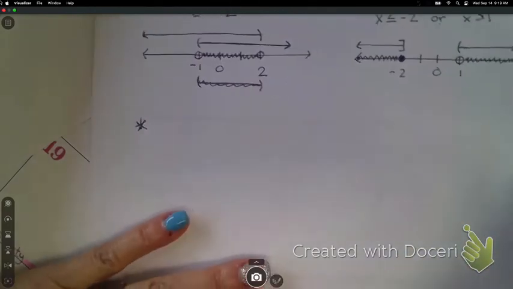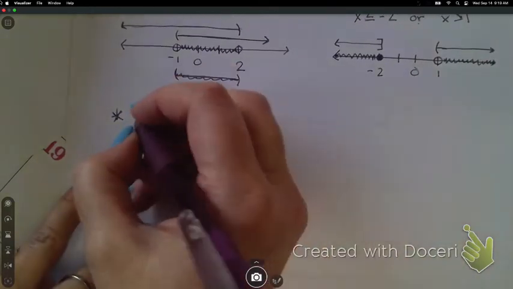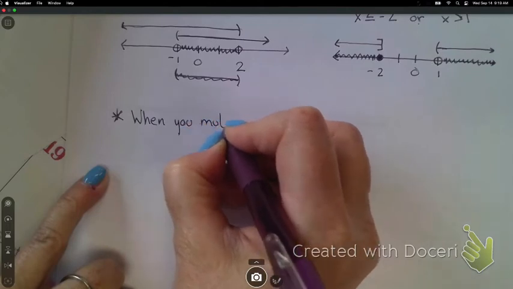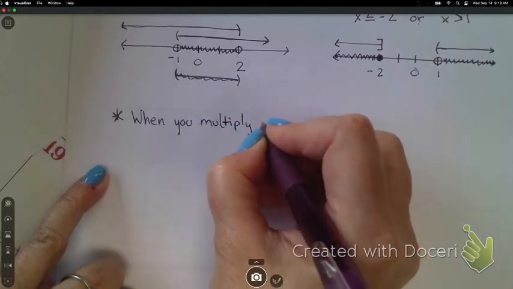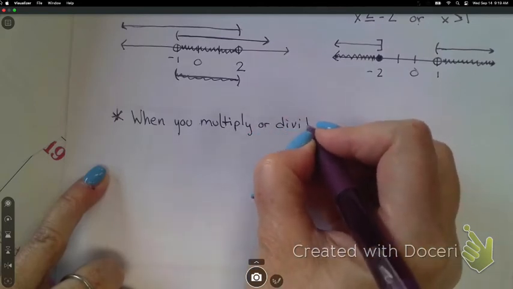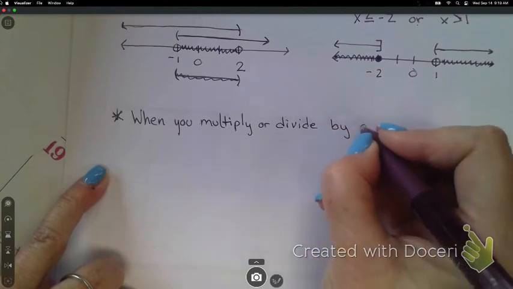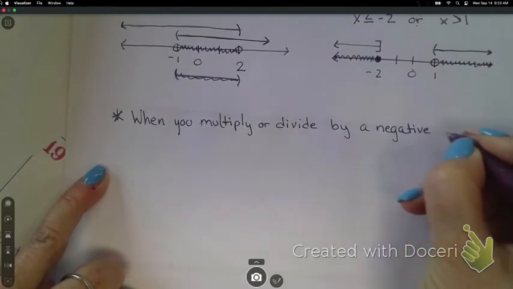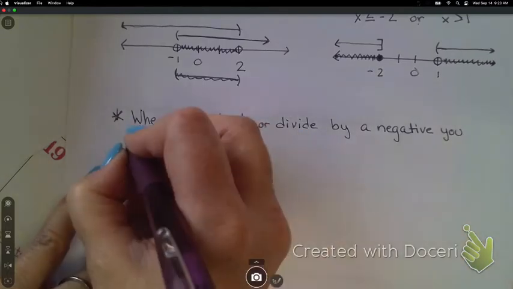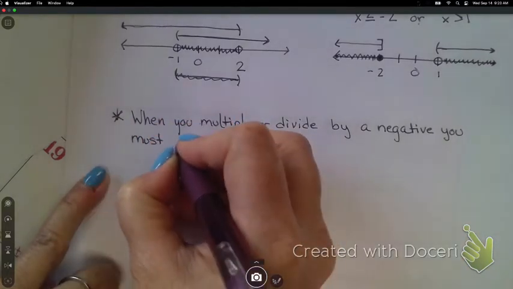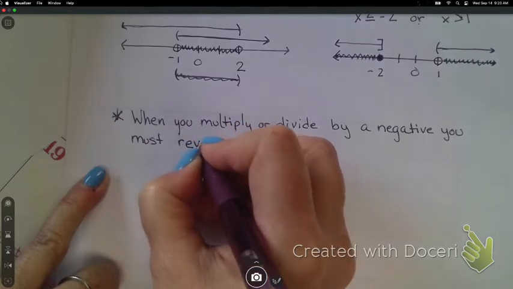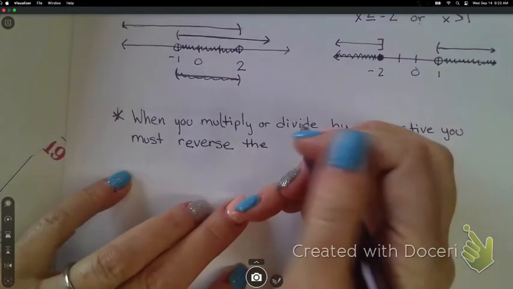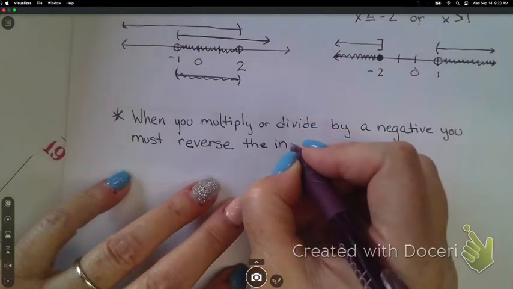You solve inequalities just like you do equations, except when you multiply or divide by a negative, you must reverse the inequality.